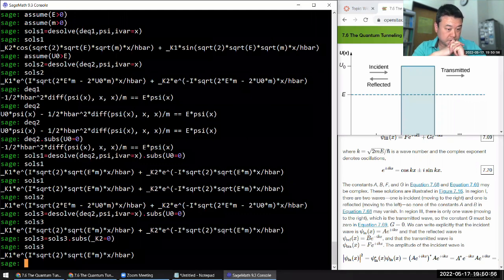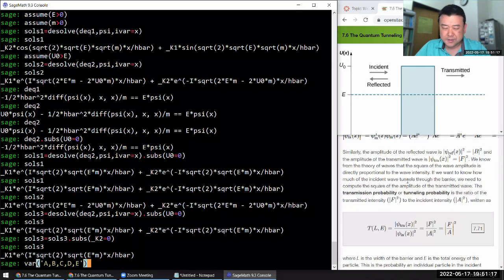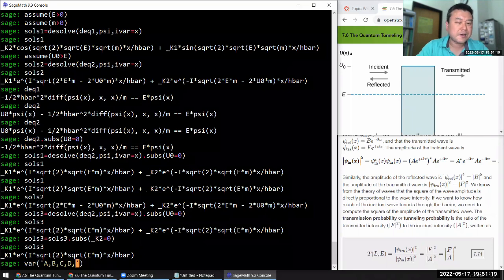So I have solutions 1, 2, and 3. Let me assign some symbols. I'll use the same symbols that the textbook is using. So it'll be variables A, B, C, D, and E, I think. Right? Oh, they skipped E. So let me use F because E stands for energy.